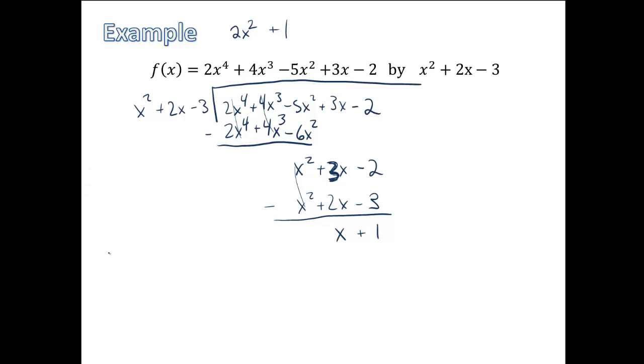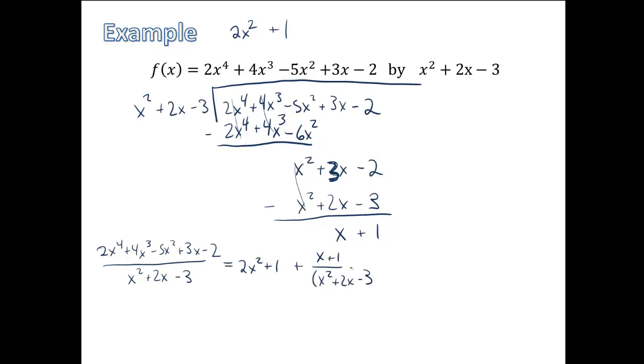First one, we write it as 2x to the fourth plus 4x cubed minus 5x squared plus 3x minus 2 over x squared plus 2x minus 3 equals our answer, which is 2x squared plus 1 plus our remainder divided by this: x plus 1 over x squared plus 2x minus 3.